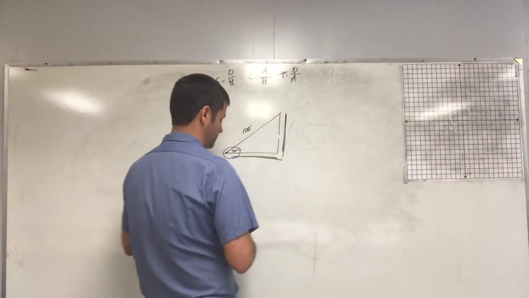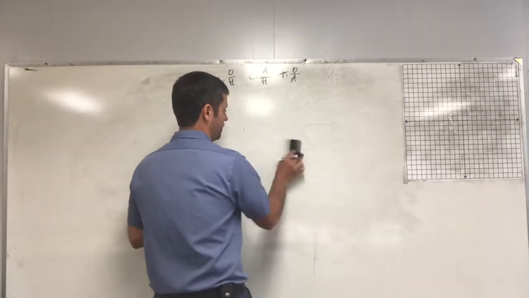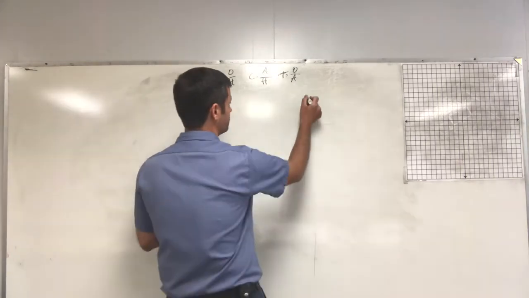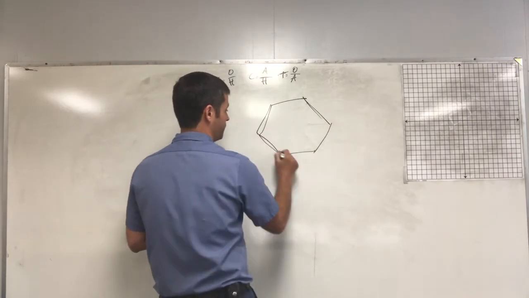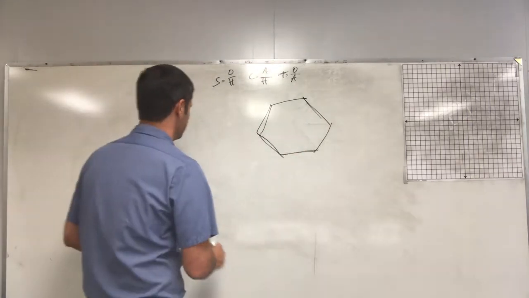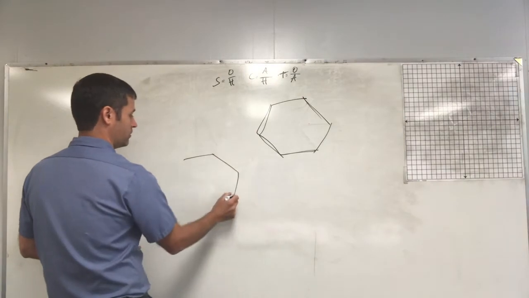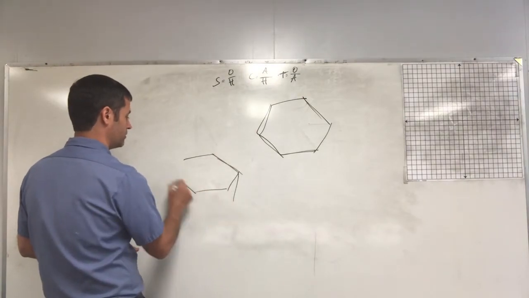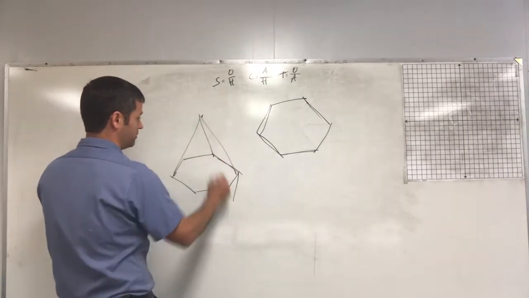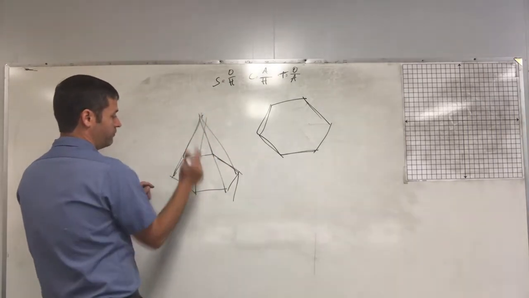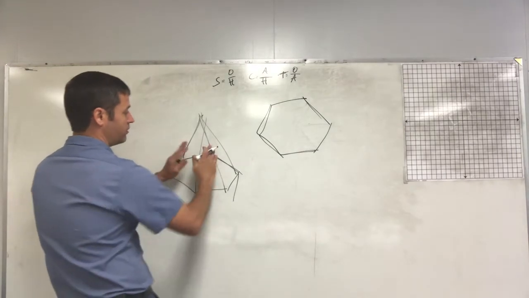Well, that's, again, this hexagon that I just erased, and I can still see it, it's right here. That's the base of your pyramid, and then it comes up from there. So if you would draw it in three-dimensional, which I can't really, then the point is up here, and it would all come up like this, something like that. But you need to find the area of this base down here, and then the area of all these triangles.